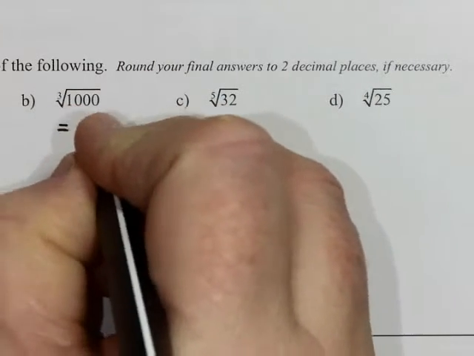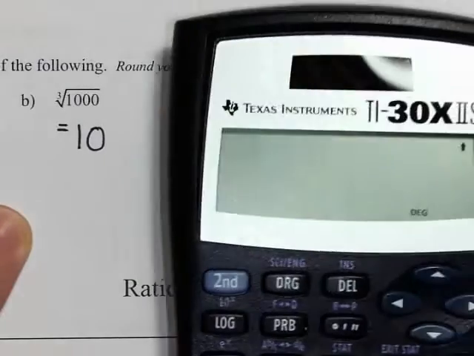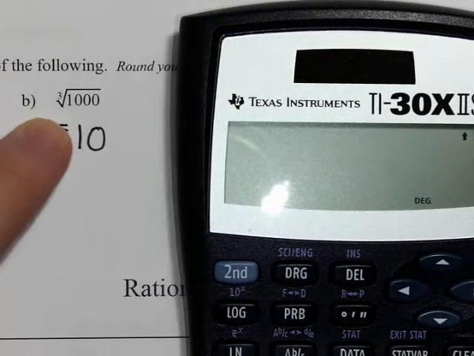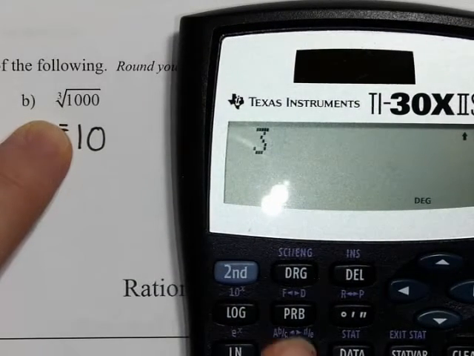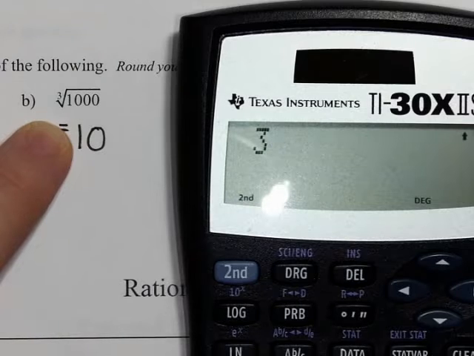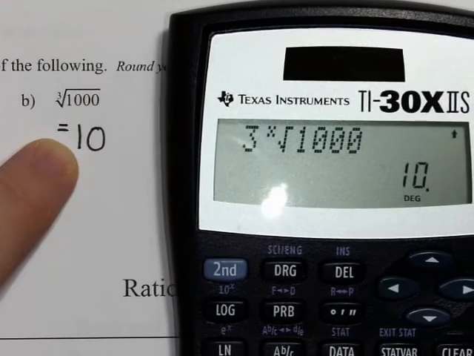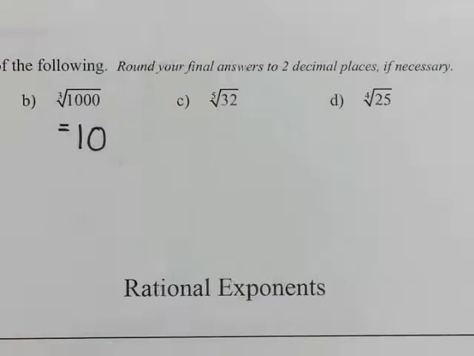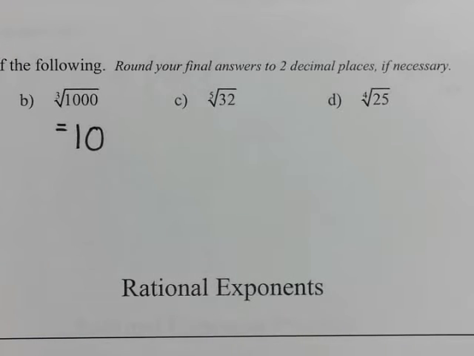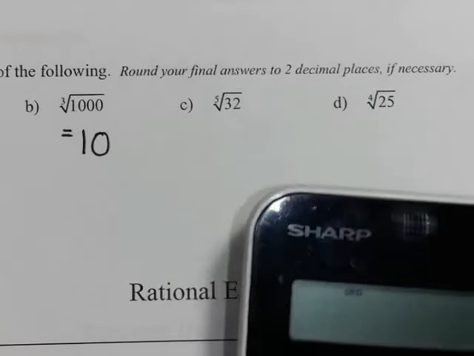If I use the other calculator, I would put the 3 in first, then second, then my exponent button, and then 1,000 equals, and I still get 10. Okay?